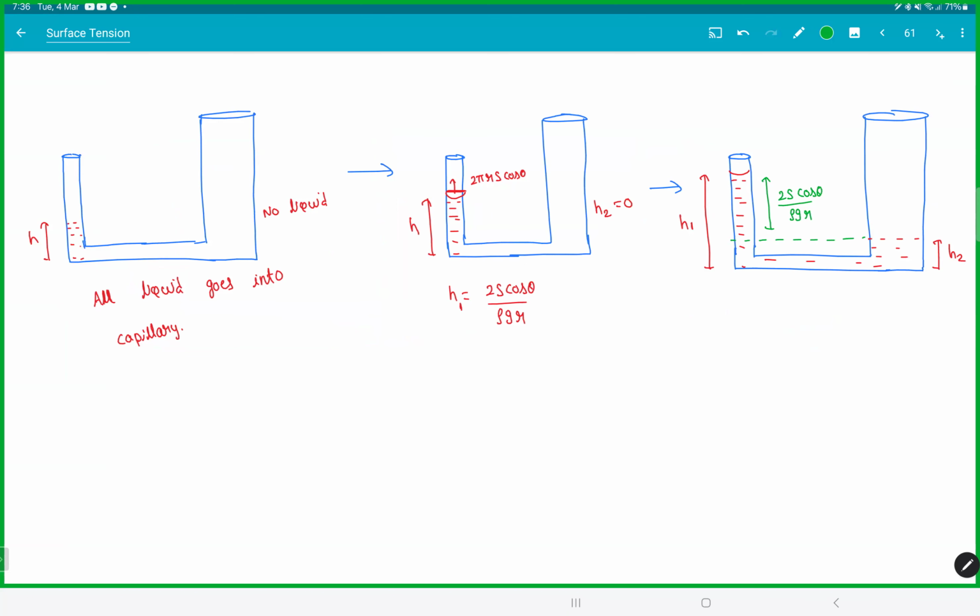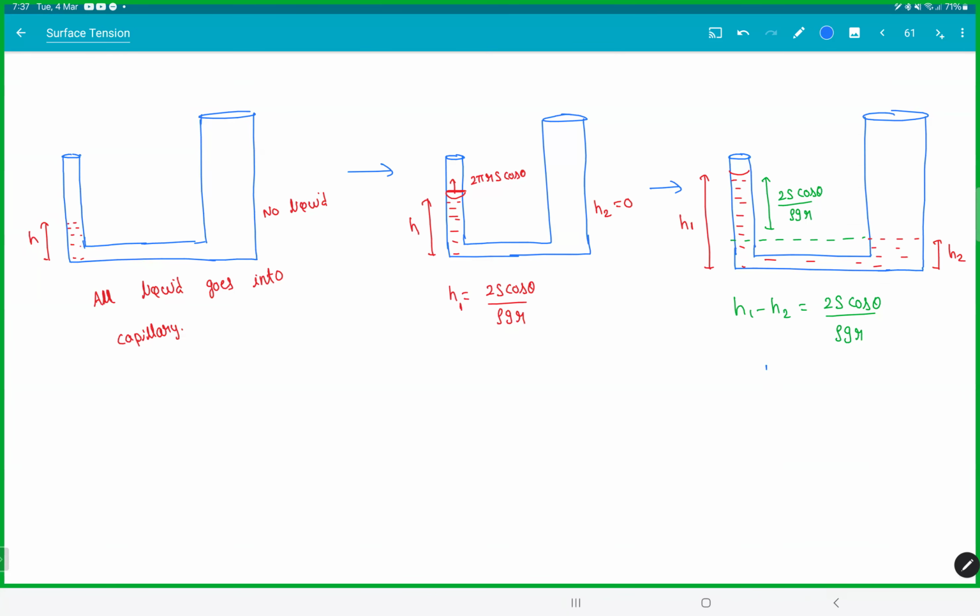Make sense? So both the sides will start going up at the same rate, but the difference in height will always be 2S cos theta by rho g r. So whatever increases on the left, the same amount will increase on the right. But the left height is already initially more. Is this making sense, everyone? If the right increases by 1 centimeter, left also gets pushed up by 1 centimeter because of fluid mechanics. But the extra height will come due to surface tension.